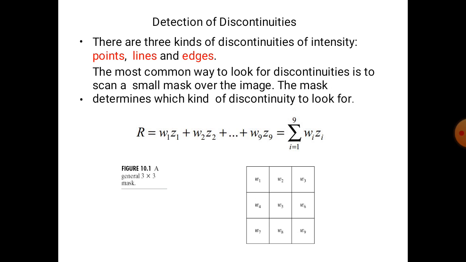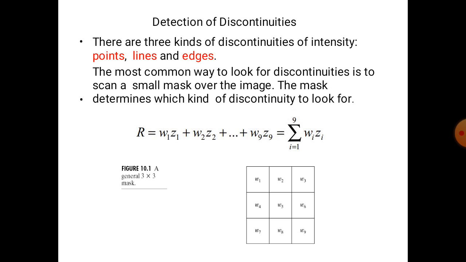The approach of choice for computing first and second derivatives at every pixel location in an image is to use spatial filters. For the 3x3 filter mask in this figure, the procedure is to compute the sum of products of the mask coefficients with the intensity values in the region encompassed by the mask.